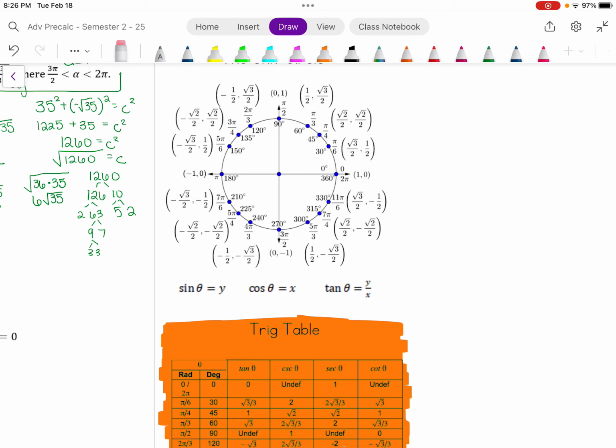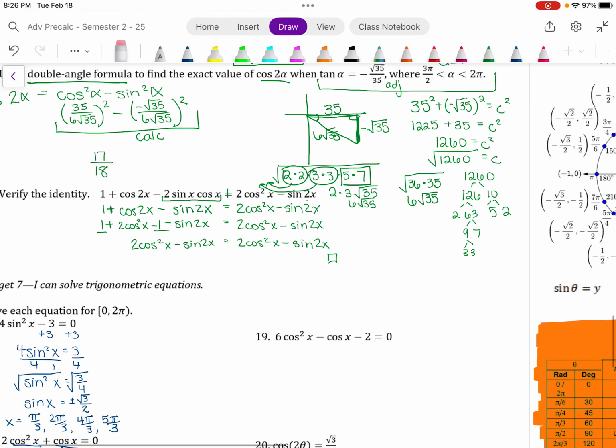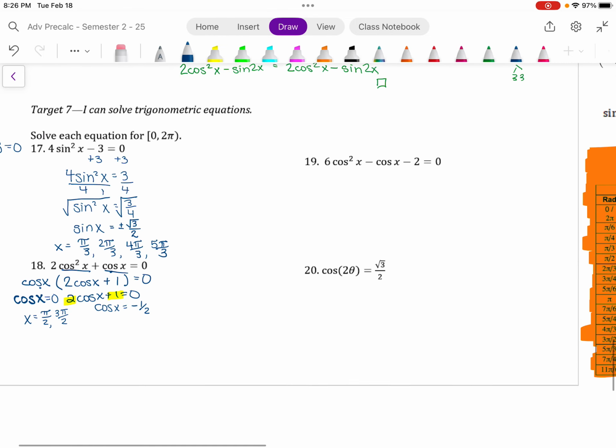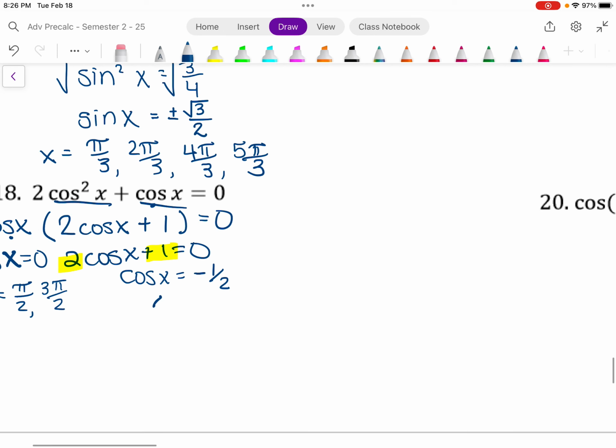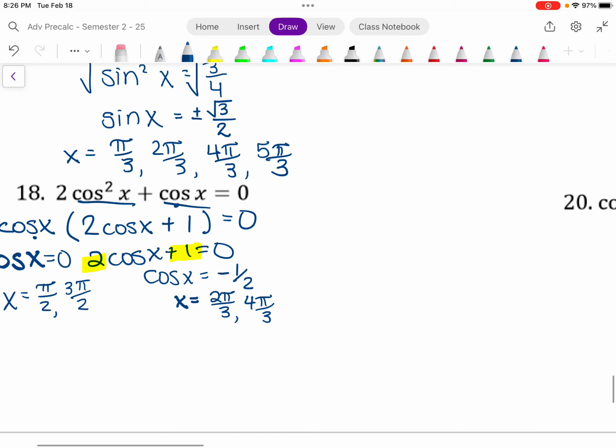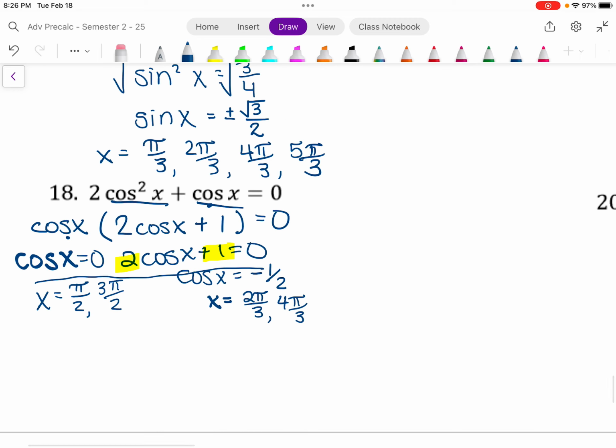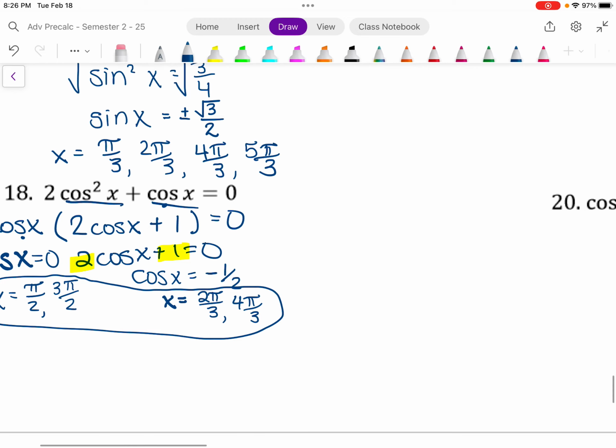So the x value is negative 1/2 at 2 pi over 3 and 4 pi over 3. So those are my 4 answers of where it happens between 0 and 2 pi, so on the unit circle. Okay.